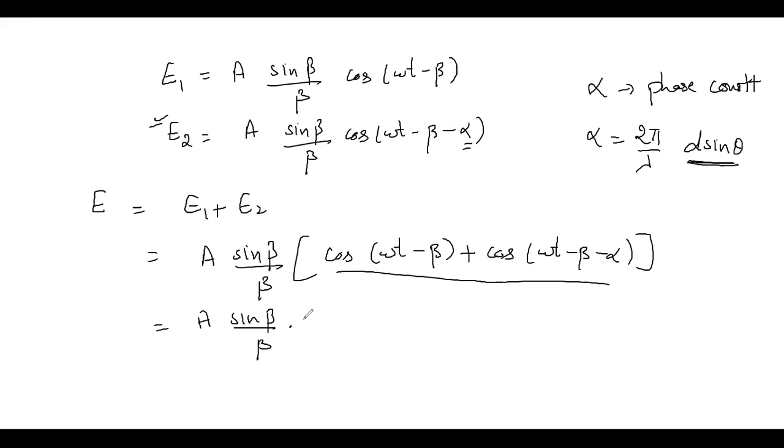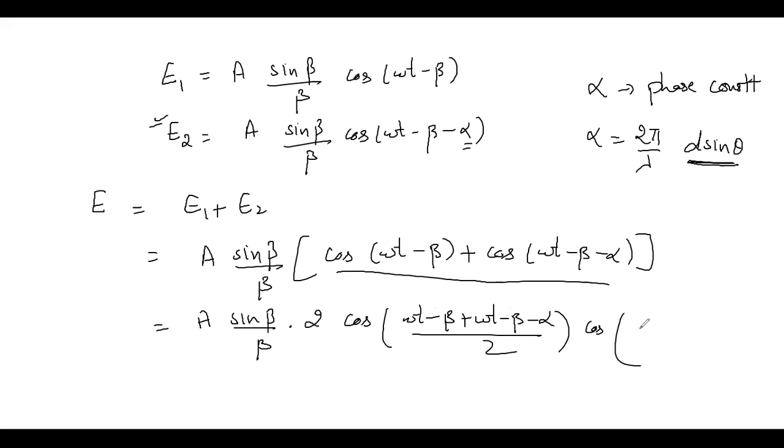So this would be equal to 2 times cosine of the sum of these two, divided by 2, into cosine of A minus B, divided by 2.